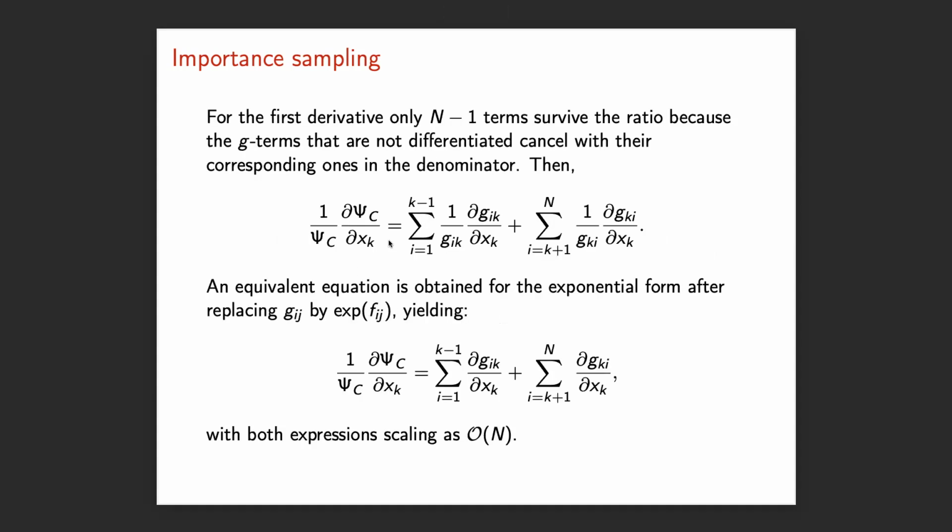So if you look at this quantity here, and you now move one specific particle, then you can simplify these equations. When you look at the ratios for the first derivative, there are only n-1 terms which survive, because the terms g that are not differentiated cancel with their corresponding ones in the denominator.